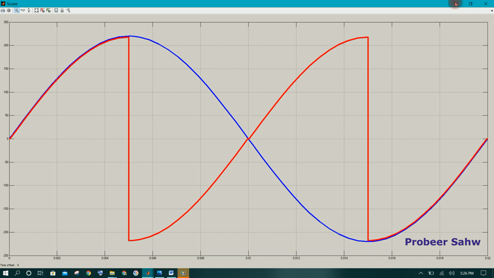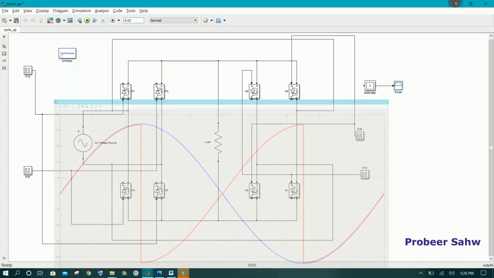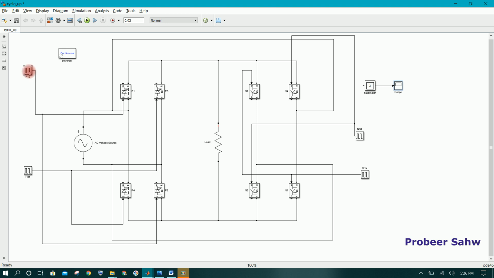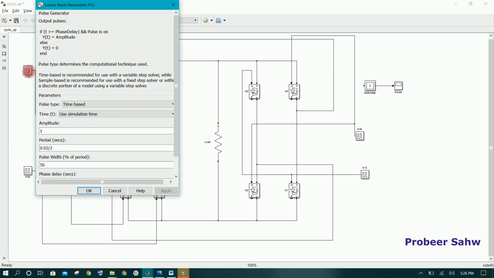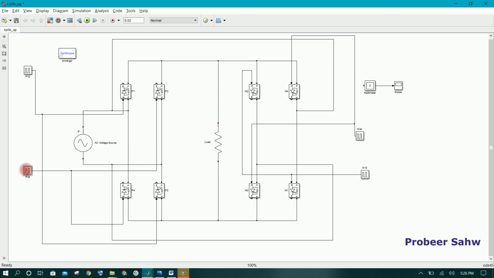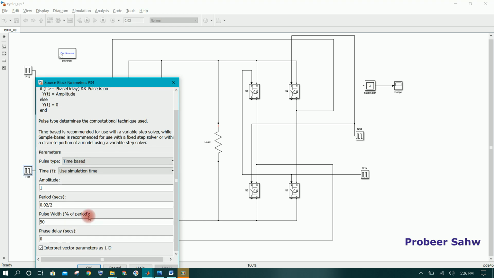Let us try to change it for an output frequency of 3 times the supply frequency. So what do we have to change? We have to change the parameters to 0.02 divided by 3. Again 0.02 divided by 3.